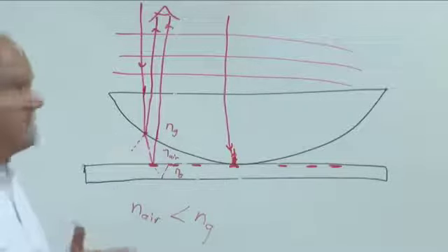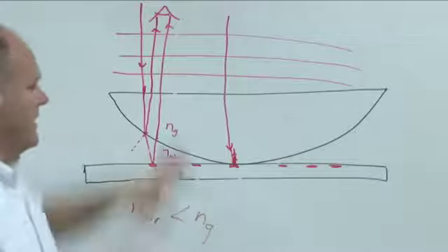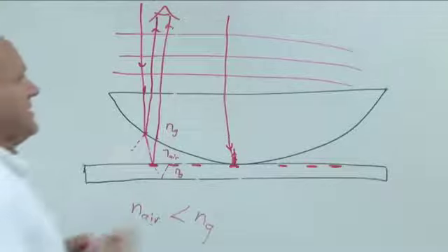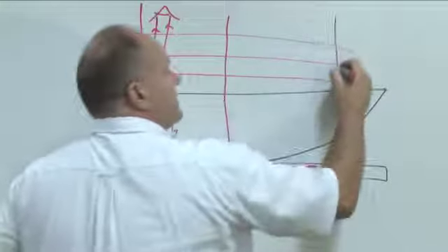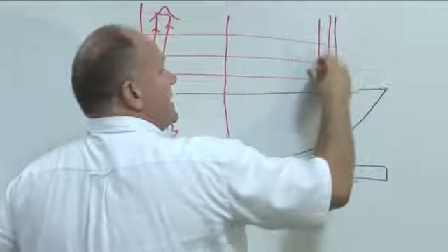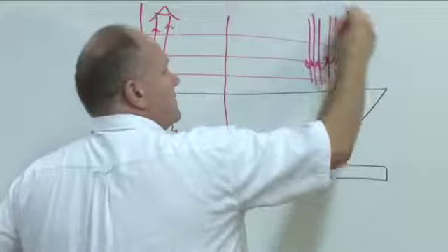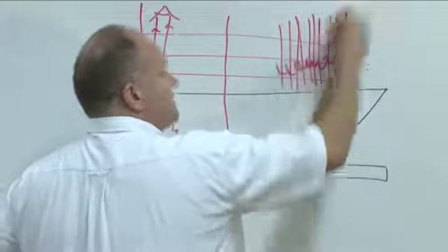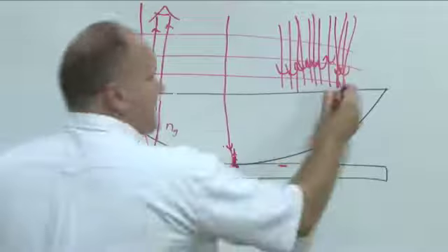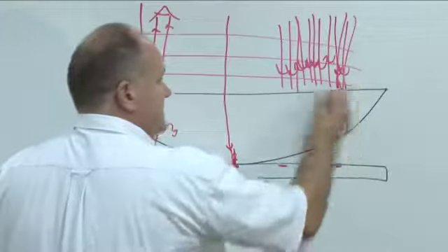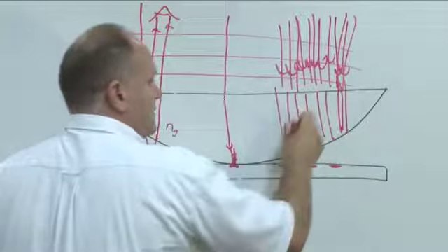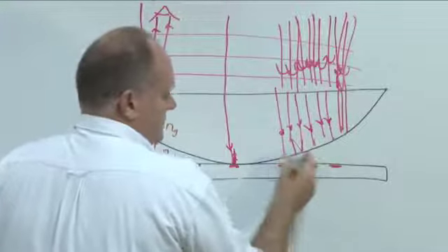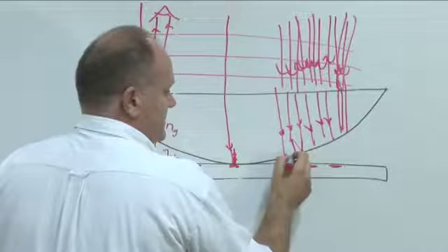If you're really keen, you can think about a more accurate picture than this. The more accurate picture is that actually you have a continuum of rays heading down, all parallel, a continuum of rays getting transmitted through here, and they're all doing this sort of thing.